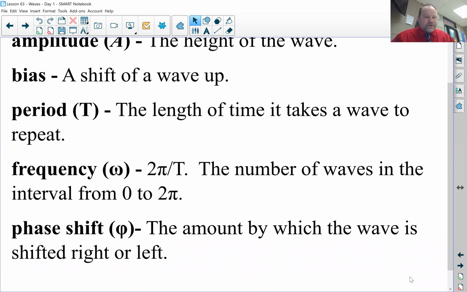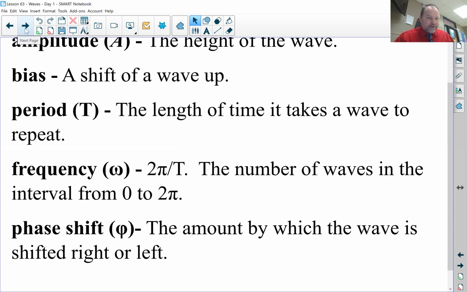Bias would have been another translation. And we really didn't talk about frequency, or period, just because our graphs didn't necessarily repeat the same pattern. So pretty specific for trigonometric functions.